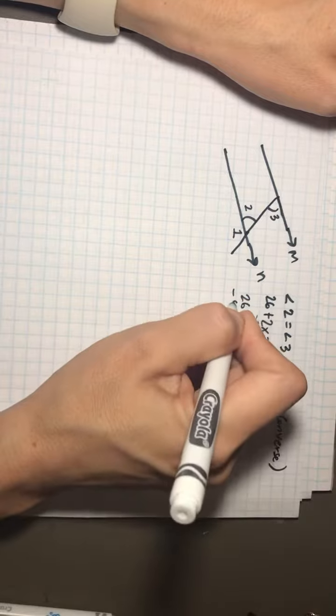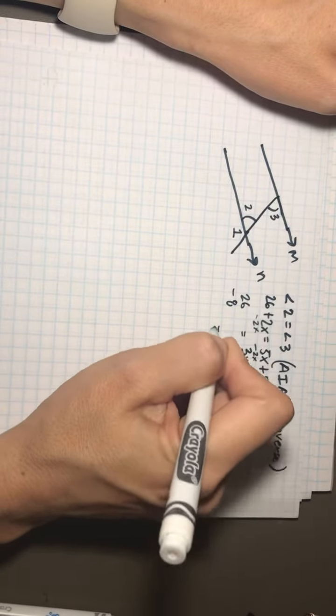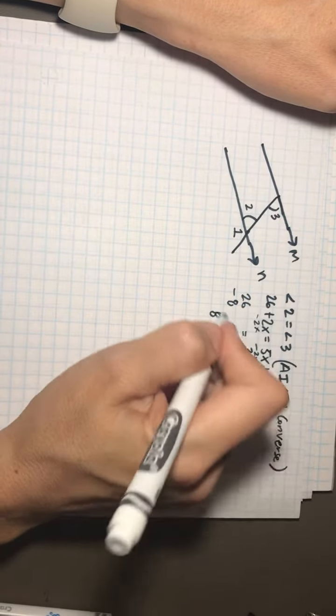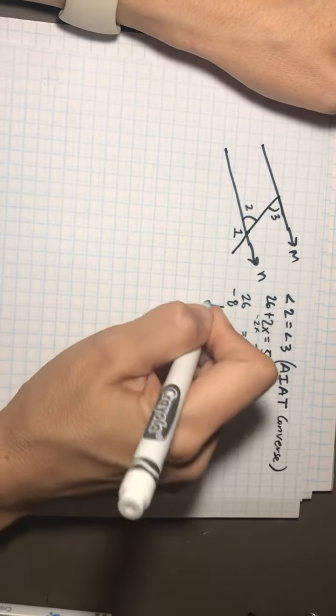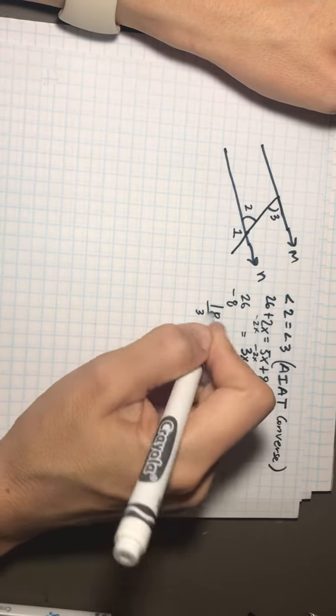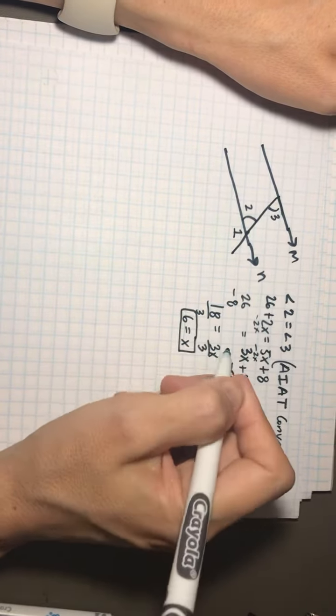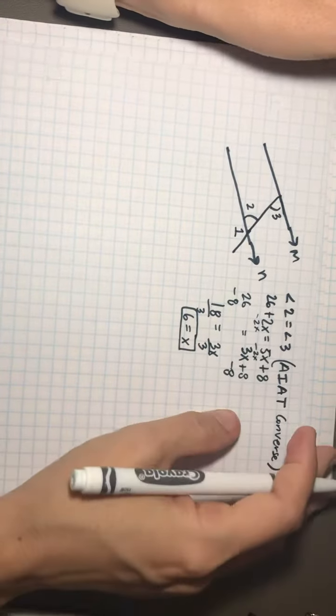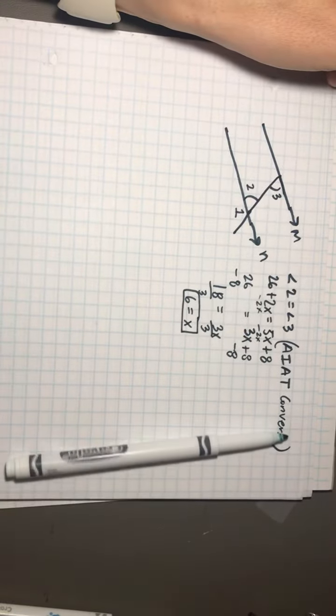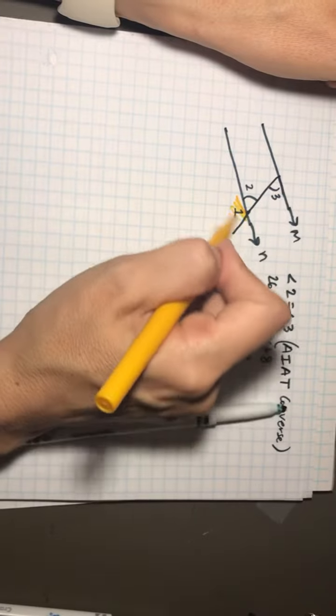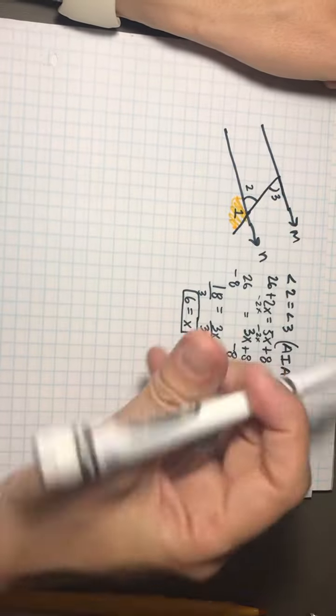And let's subtract 8 on both sides. Okay, so x is 6, not my answer. I'm being asked to find the measure of angle 1, but I have solved the mystery of the x.